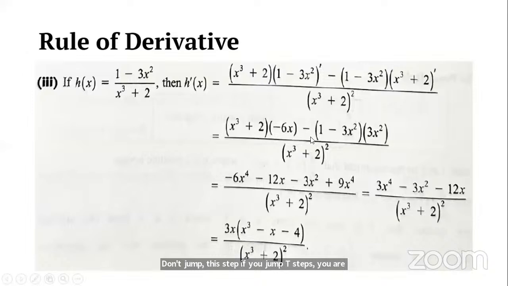After these steps, you can use your other rule, which is the power rule. For 3s squared, you can use the power rule. This one is a constant, so you use the constant rule for this one. And this one you can use the power rule, and this one you can use the power rule, and you go. But please, please don't miss the first steps, which will tell us that you are using this equation, and the equation said so.